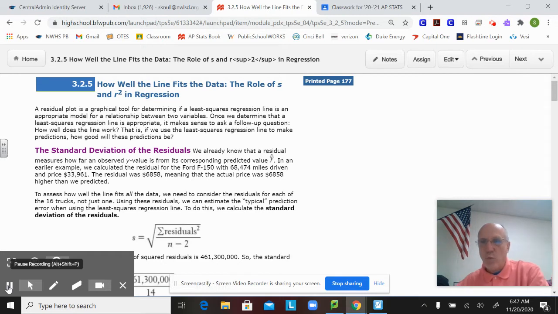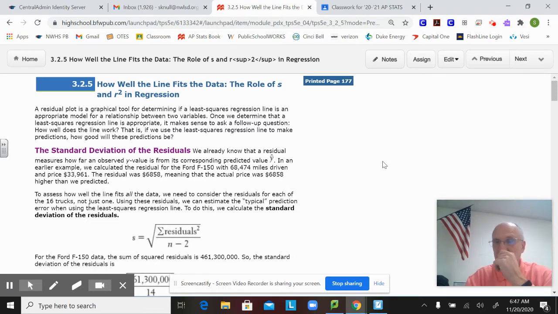Now we're calculating the standard deviation of the residuals. I have this list of residuals, and some of them will be positive and some negative. The standard deviation is always a positive number. It's just typically how far they are from the mean, but here it's from the regression line. So the standard deviation of residuals says how far a typical prediction is from the best fit line.